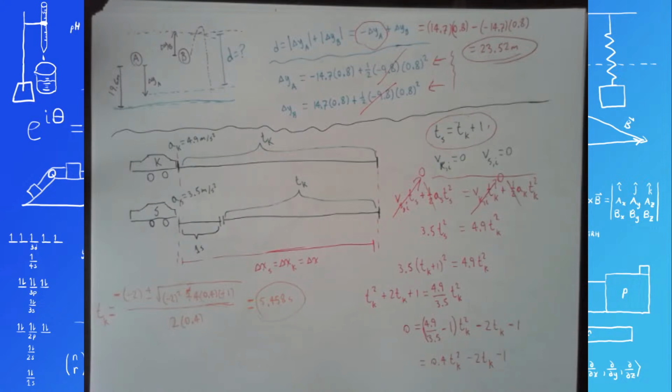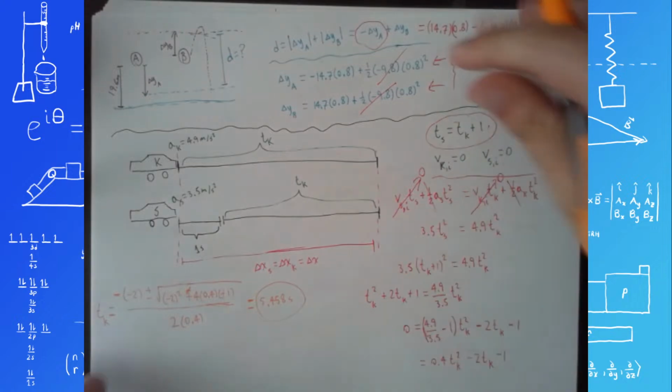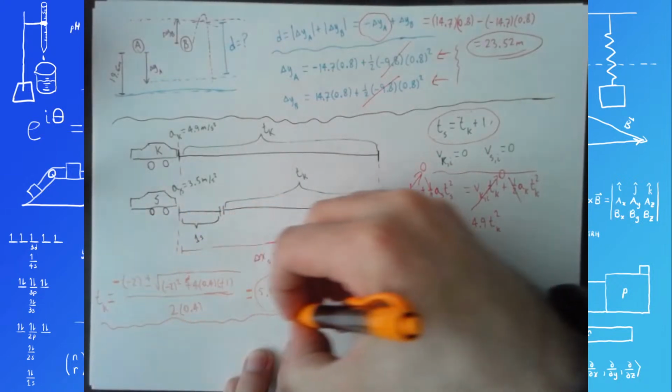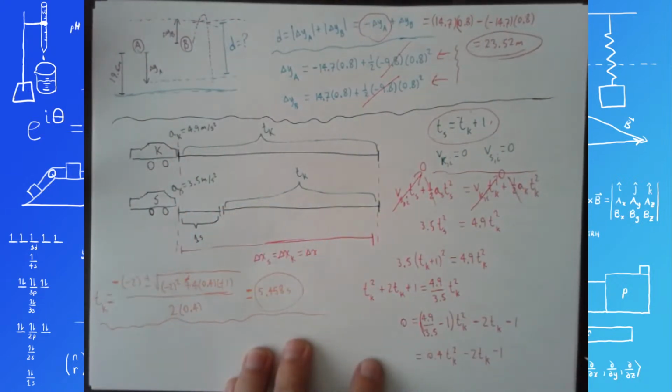Part B, the distance that Kathy travels before she catches Stan. So what is delta x? Well, now that we have t Kathy, that should be easy enough to do. Which version of delta x do I want to use?